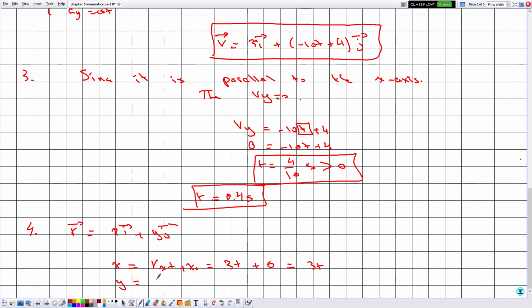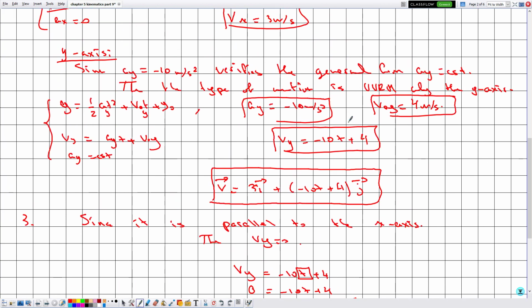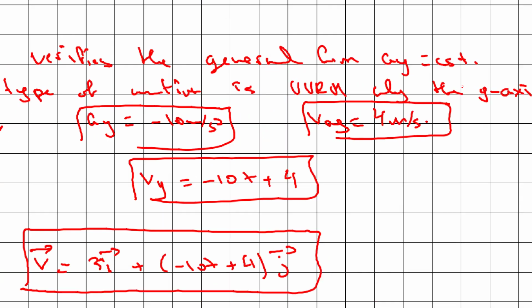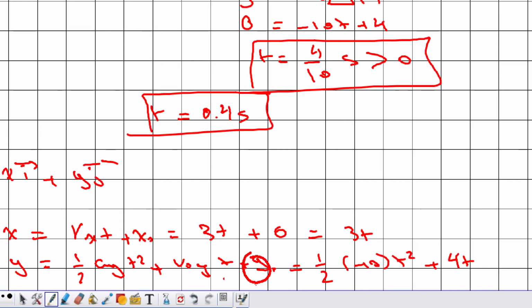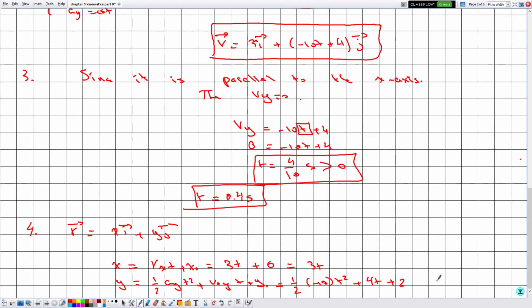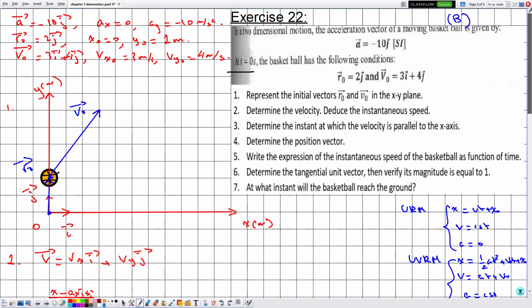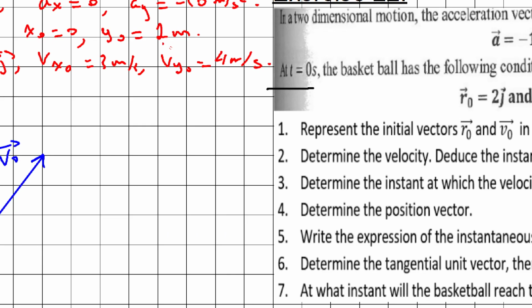As for y, which is given by (1/2) ay t² + v0y t + y0, the value of ay is -10, v0y is 4, whereas y0, if you refer to the initials, I think is 2.